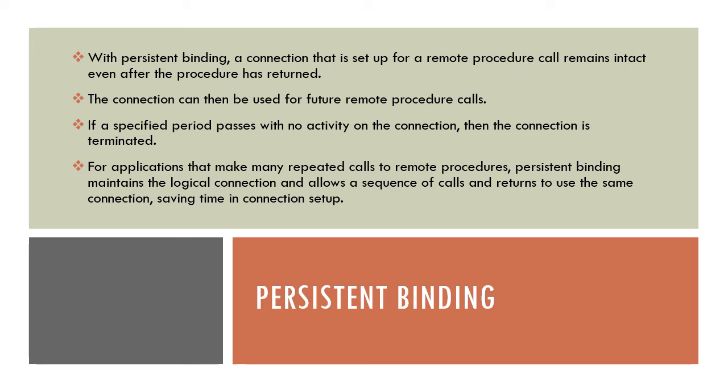For applications that make many repeated calls to remote procedures, persistent binding maintains the logical connection and allows a sequence of calls and returns to use the same connection, saving time in connection setup.